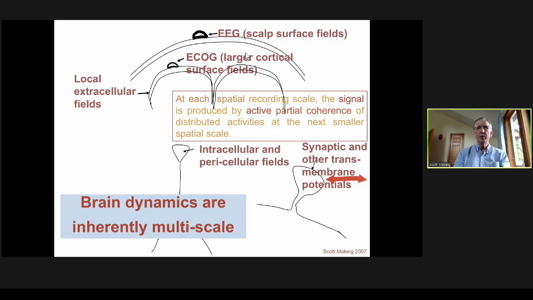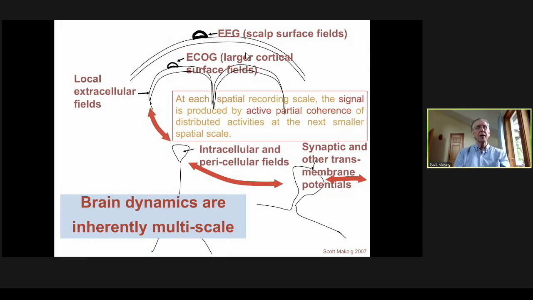So if you recorded somehow from the bouton of a neuron, you'd get the partial coherence in time and space of molecular events, synaptic events. If you record from inside a cell, you're seeing the results of partial coherence in time and space of thousands of synaptic influences and non-synaptic influences as well, so-called ephaptic influences.